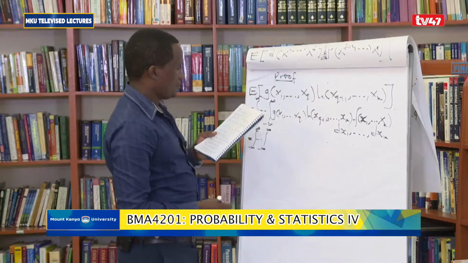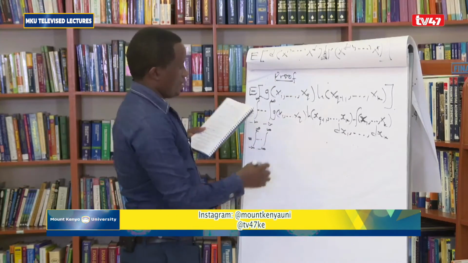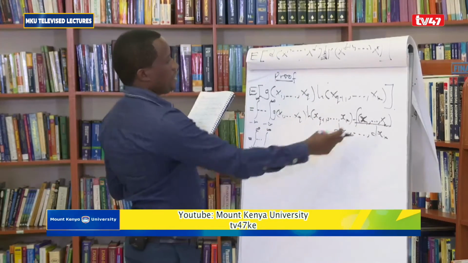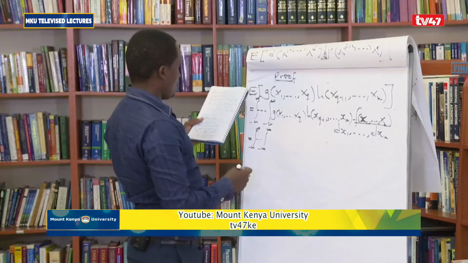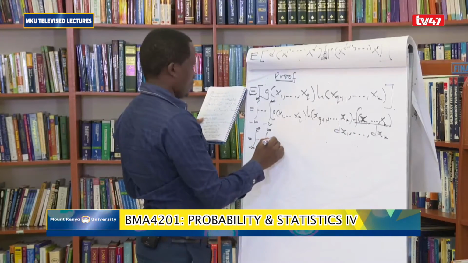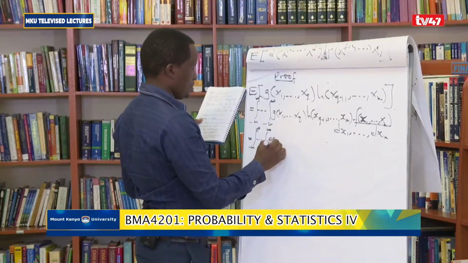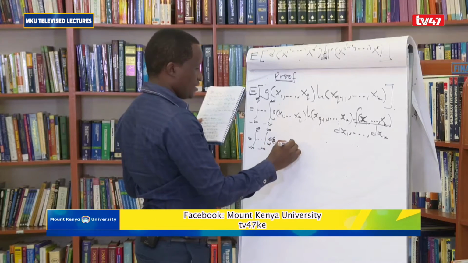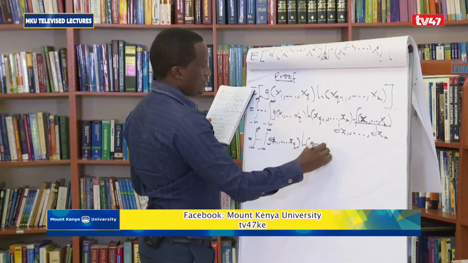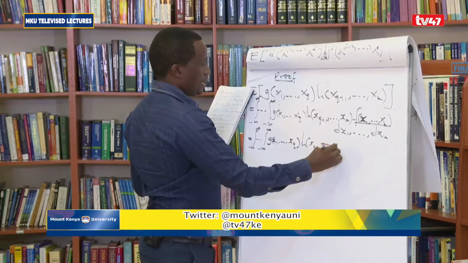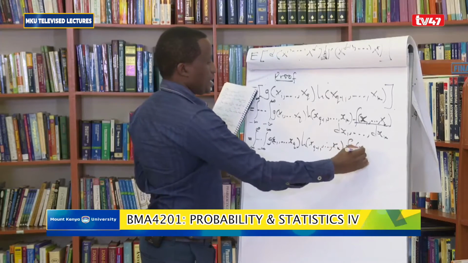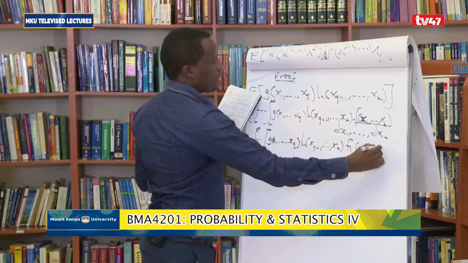of the partition. We again partition the joint distribution of all the random variables, so that we'll have g of x1 all the way to xq, h xq plus 1 all the way to xk. Then we have f1 x1 all the way to xq.